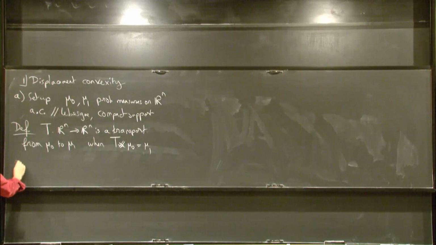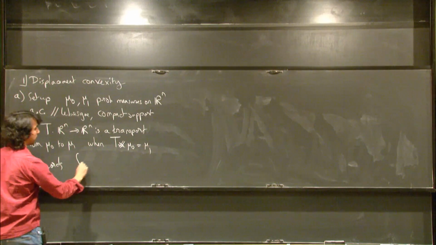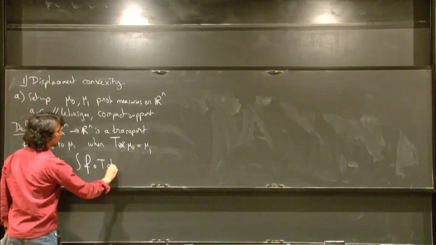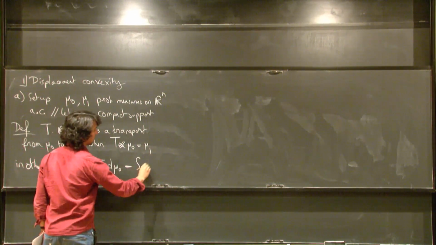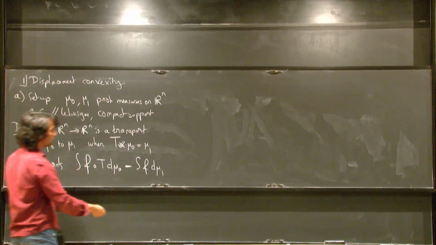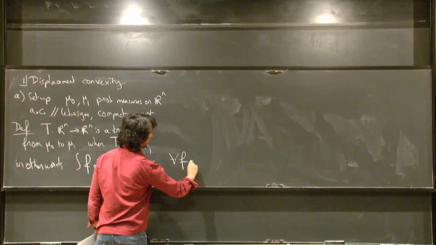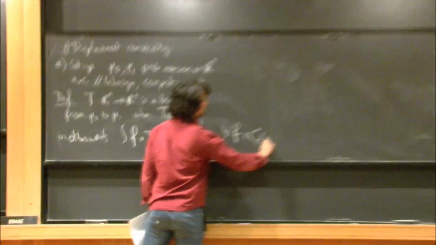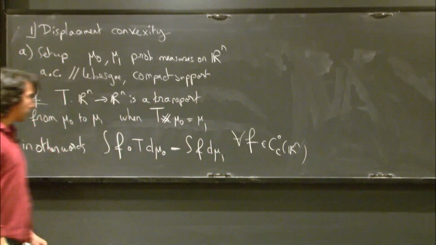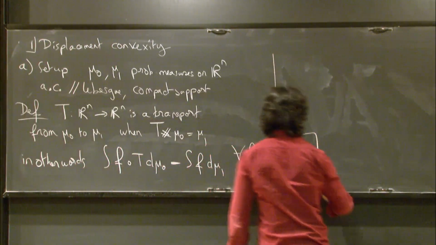In other words, if this equality holds for sufficiently many test functions, so for all f, let's say C0, compactly supported in R^n. Okay, and I'm pretty sure that most of you know this.